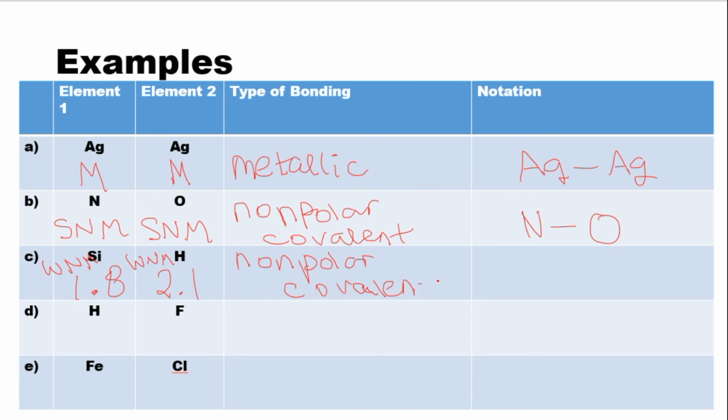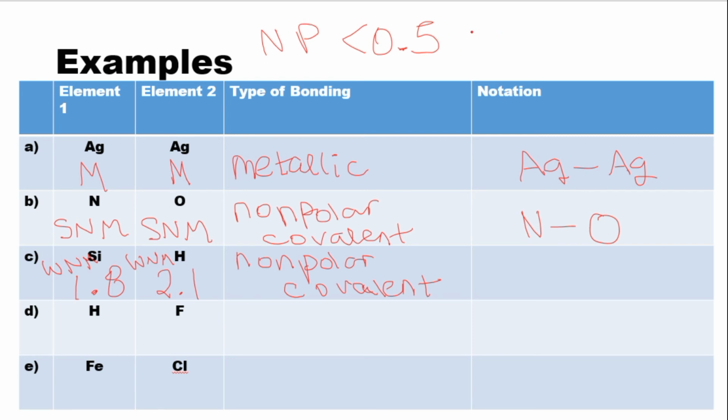And when you have a difference of 0.3, if it's less than 0.5, then it is a nonpolar covalent, right? So the range, if I remember correctly, if it's less than 0.5, it's nonpolar.